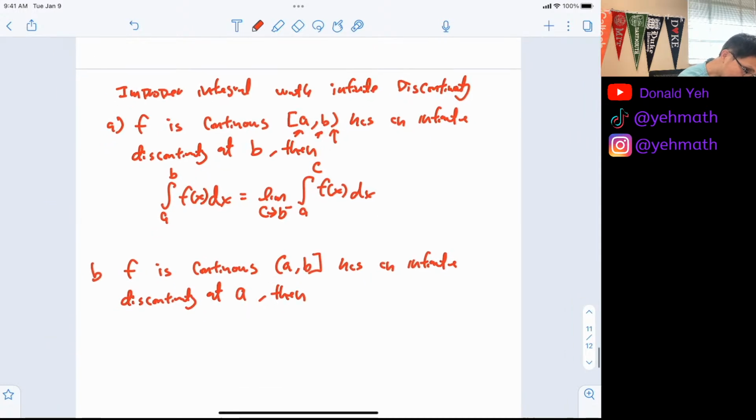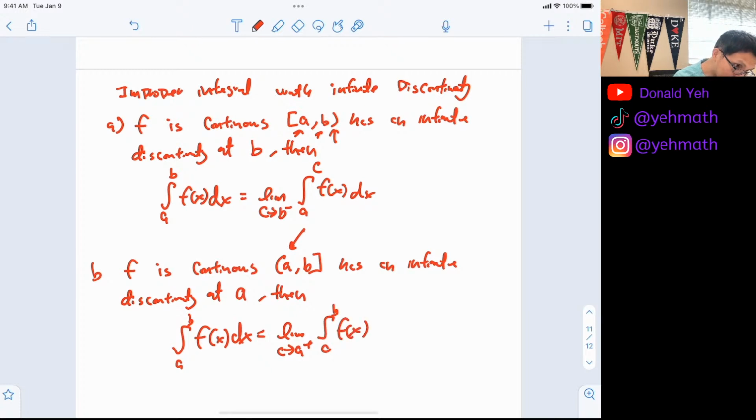Then the integration between a to b of f of x dx. The only thing is this looks complicated, but it's not. It's the limit as c approaches a from the plus side. Because a is the smallest number here and a has the discontinuity, I'm approaching a from the positive side, between c to b of f of x dx. Would c be to the right of it in that case? Yes, you start from the right of a, approaching a from the positive side.